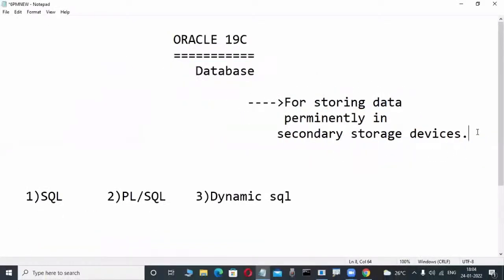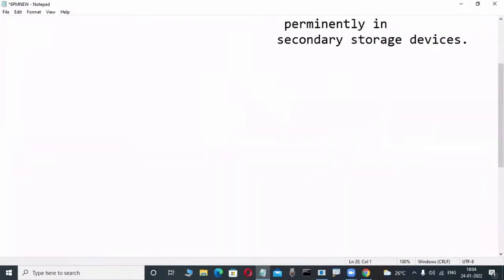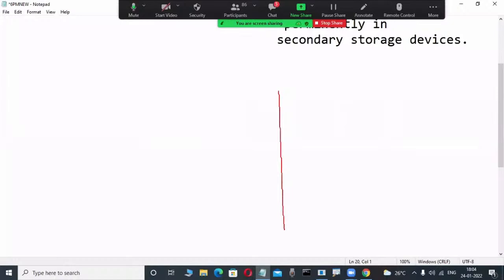But unfortunately, what I'm telling in previous classes, observe slowly here: a database means it is a place. Whenever we install Oracle, SQL Server, DB2, these type of databases in our system, automatically one place is created.